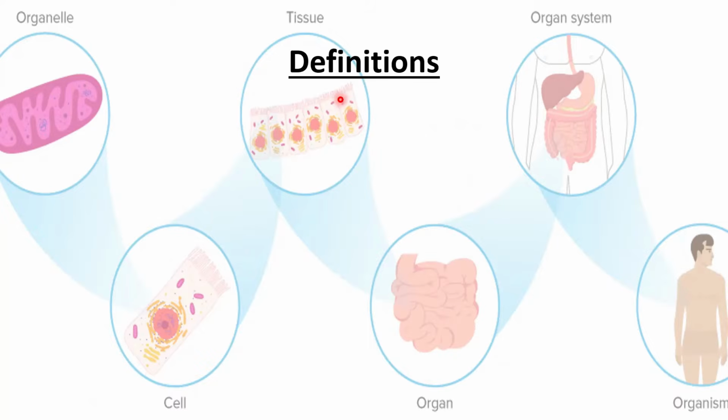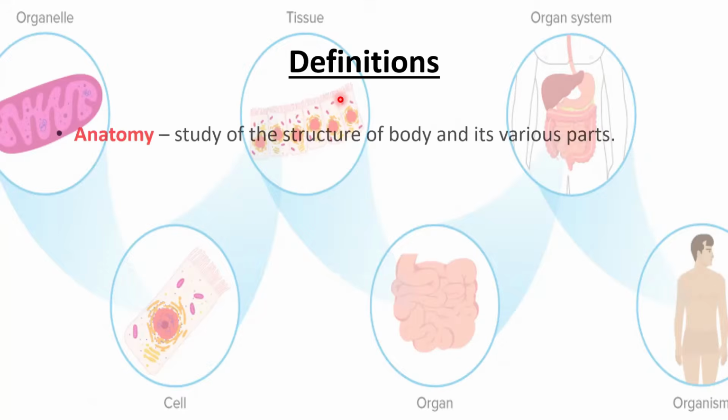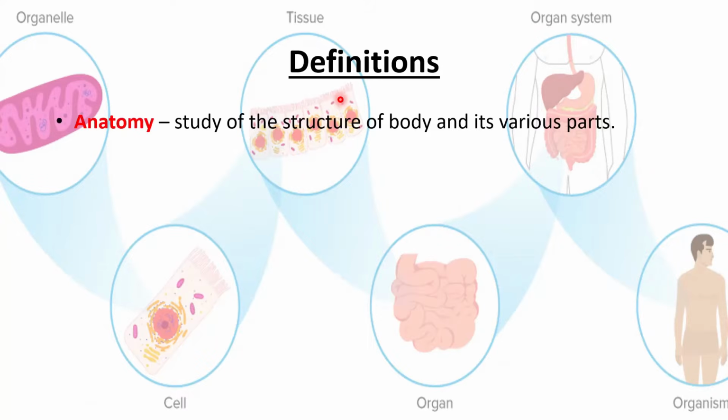So we'll cover a few definitions, and the first one that we are going to cover today is anatomy. As you all know, anatomy is the study of the structure of the body. So in your definition, you must have the words structure of the body and its various parts.